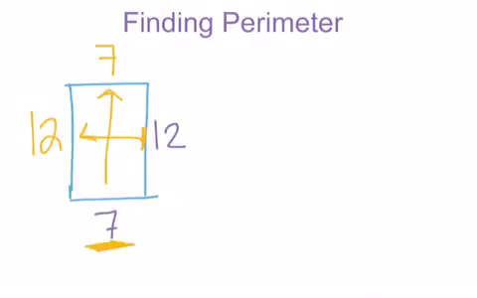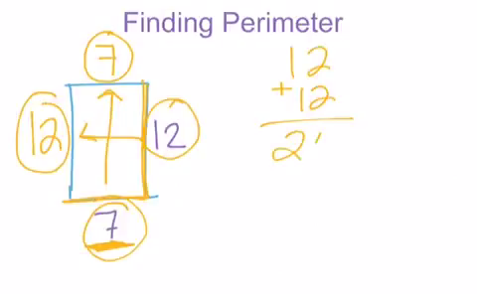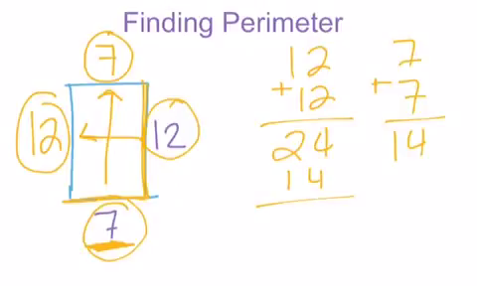So you'd have to add up all 4 of the sides. Don't just add up the 12 and the 7 once, because that won't give you enough for the whole perimeter. That would only give you 1/2 of the shape. So you're going to do the 12 plus 12, which will get you to 24, and then the 7 plus 7, which would get you to 14. Adding those up is going to get you to 38. All right, and that one is 38.